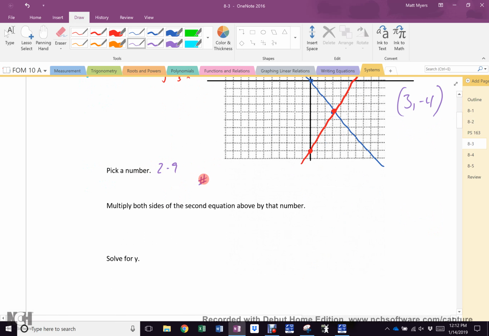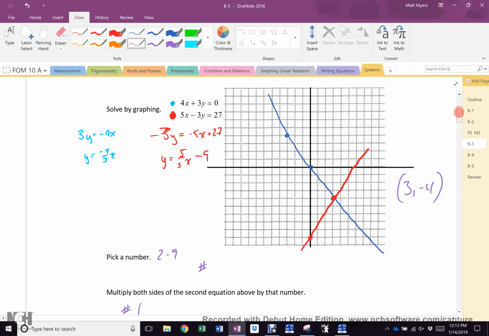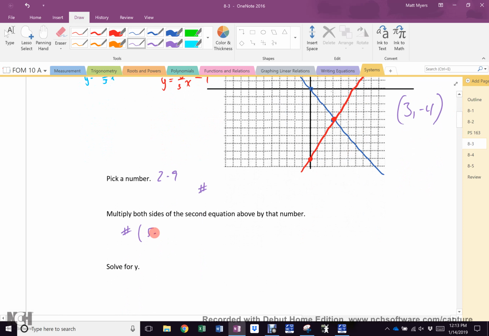Take that number and multiply it by the second equation, which is 5x minus 3y equals 27. Once you have multiplied that, solve for y. All right? So everybody has the number, their number that they're going to use, any number between 2 and 9. Go.